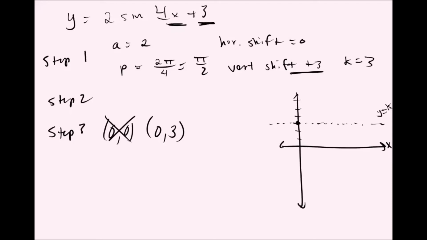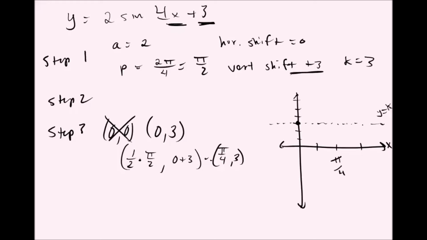The second x-intercept is going to be found by 1/2 times the period. In this case, the period is pi over 2. And it would be 0, but because we have a plus 3, we're going to do 0 plus 3. So that point is equal to pi over 4, 3. That's the second time that it intersects the axis.